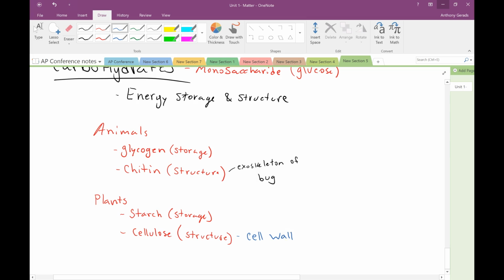It makes up the cell wall. What happens if we eat the cell wall? If you eat the cell wall, have fun on the toilet. It's fiber. Cellulose is fiber. We cannot digest fiber, therefore you poop.